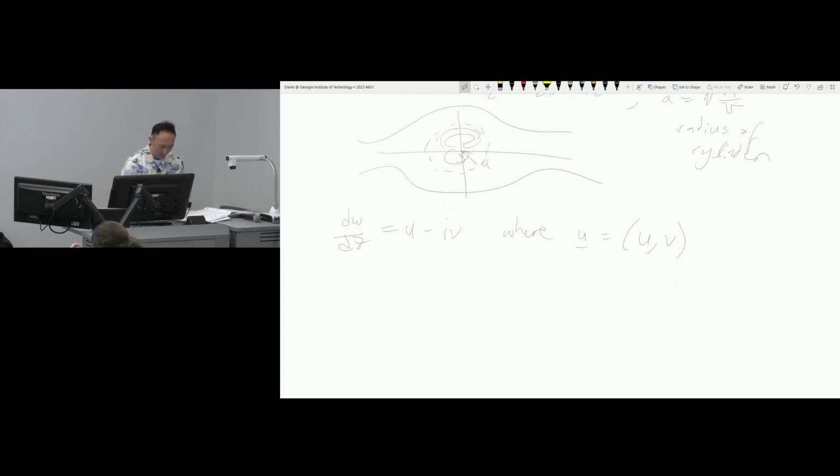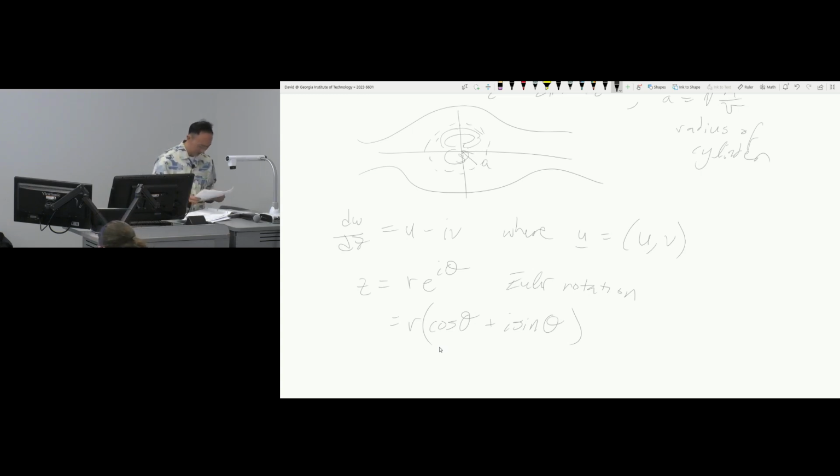You make progress by setting z equals r e to the i theta, I think called Euler notation, and substituting in. Written in more detail, this is cosine theta plus i sine theta. Substitute that in and you'll get a nice solution for u. That's part A of that problem.